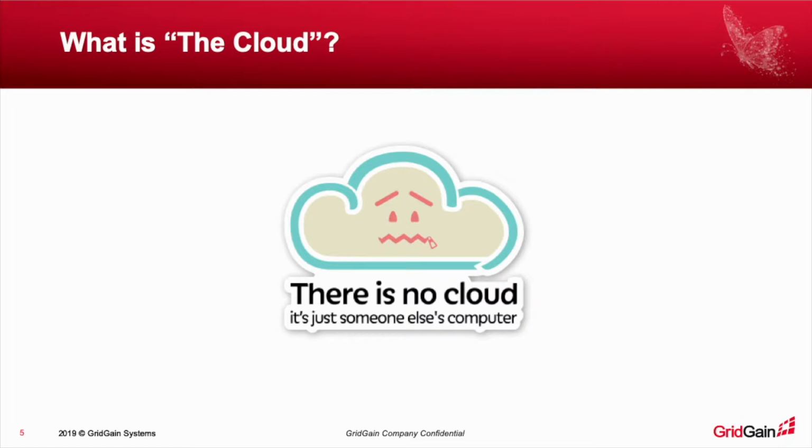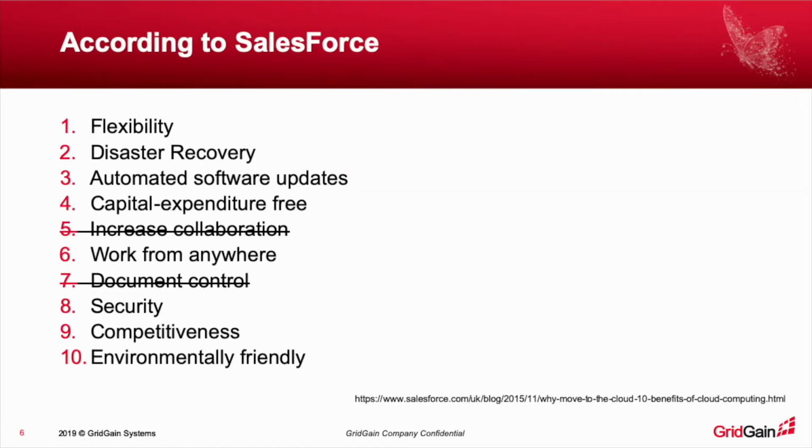So you go to Salesforce's website, ask them what the cloud is. And they say it's flexible, allows disaster recovery, has automated software updates, because they seem to confuse cloud with software as a service. So when I talk about cloud today, I'm not really talking about software as a service. Capital expenditure free, so again, a nice business benefit.